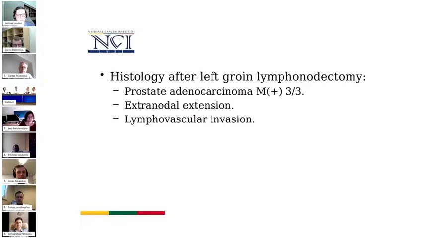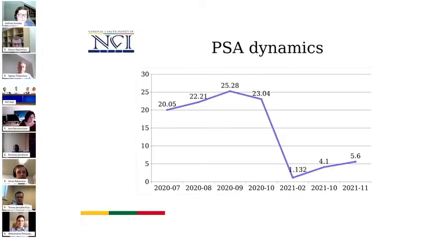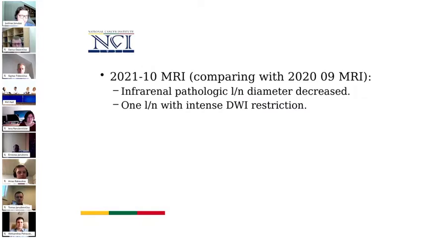So thank you for your comment. PSA decreased after the treatment with the ongoing hormonal treatment, but started to climb again, and whole body MRI was performed. Do we have images of the whole body MRI?